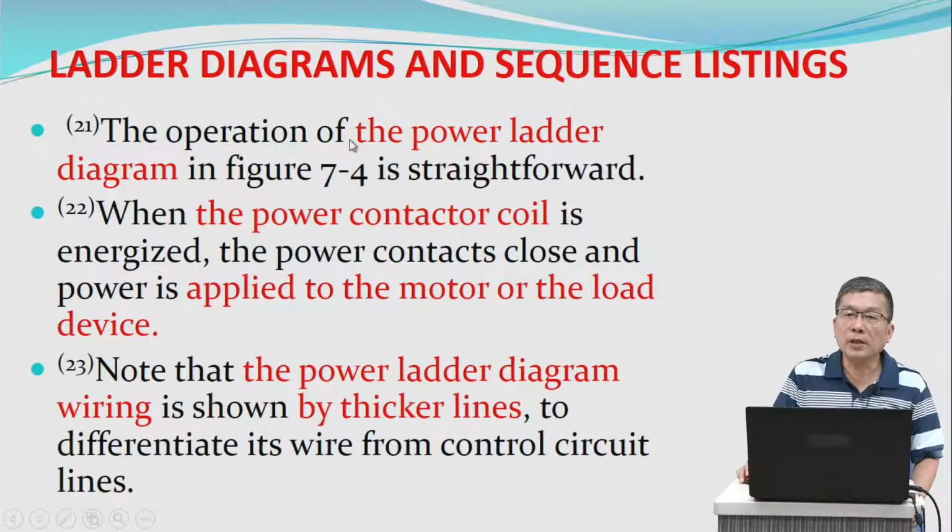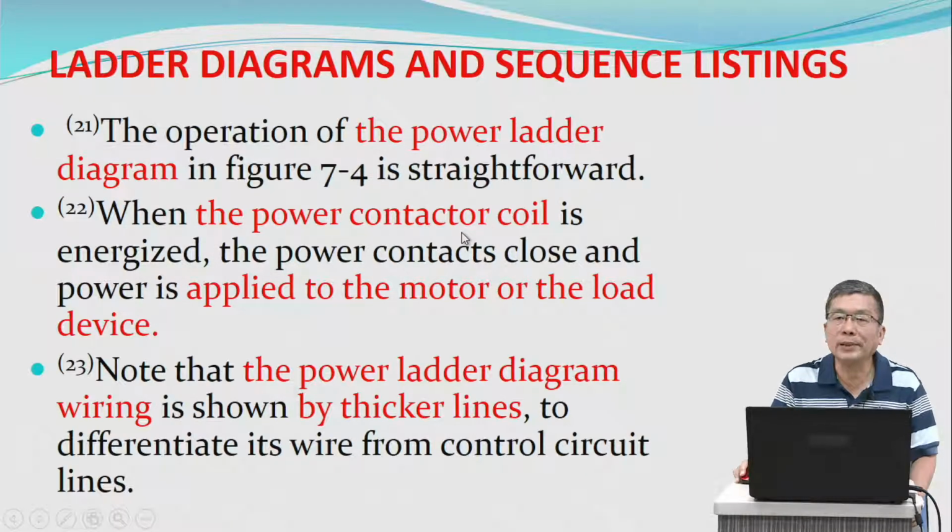The operation of the power ladder diagram in figure 7.4 is straightforward. When the power contactor coil is energized, the power contacts close and the power is applied to the motor or the load devices.